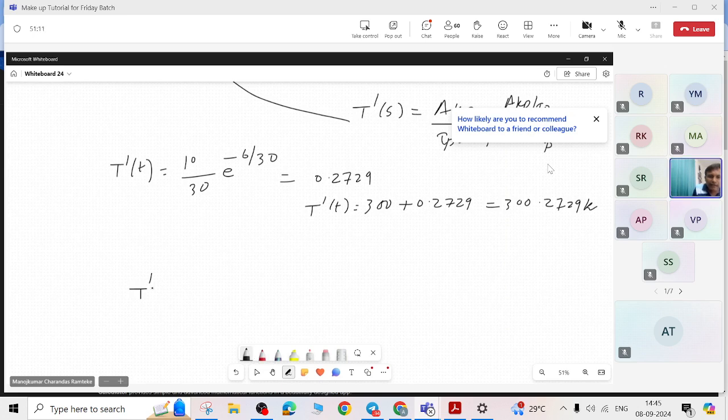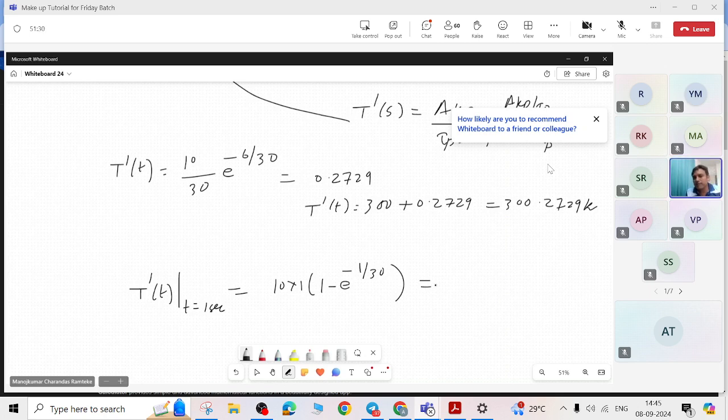So T dash T at T equals 1 second. What are you going to get? 10 into 1 minus e raised to the power minus 1 by 30, isn't it? Calculate this value.